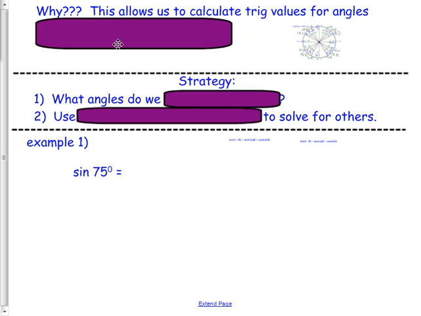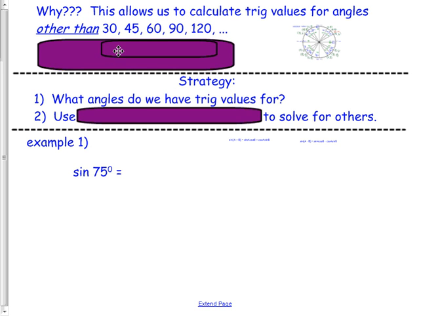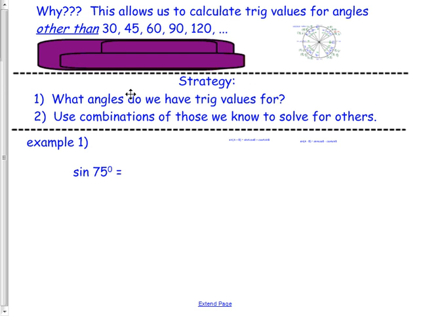Alright, so once again, this allows us to find more angle measures. Here's a strategy. I like to have the unit circle out so I can look at the numbers that I can work with and see what exactly I could use to add or subtract to get the angle measure I'm looking for. So, for example, here I want to use sine of 75.